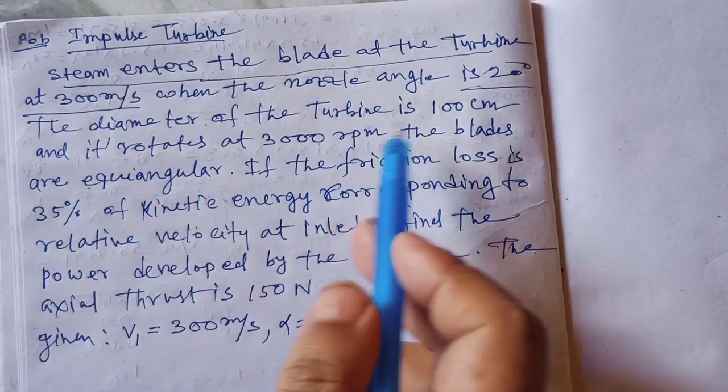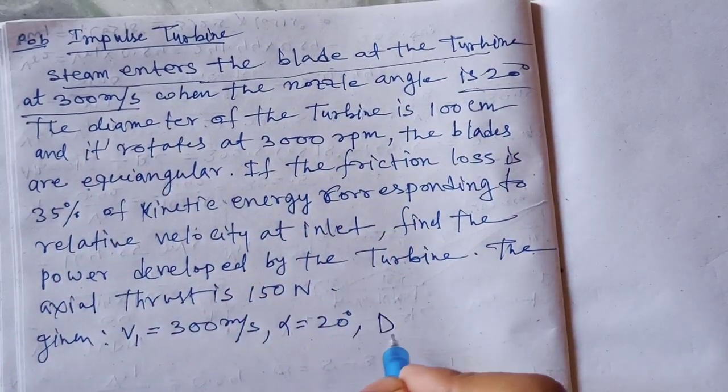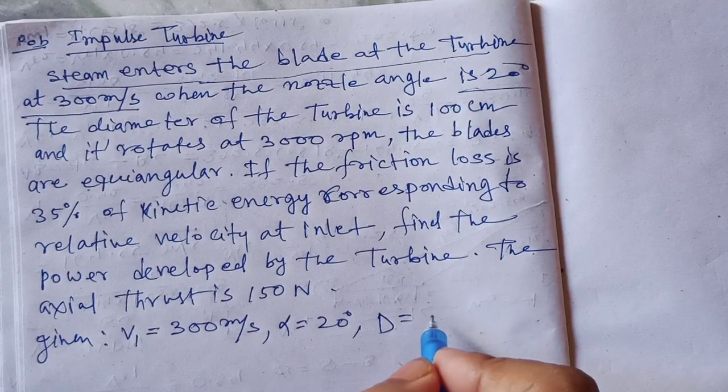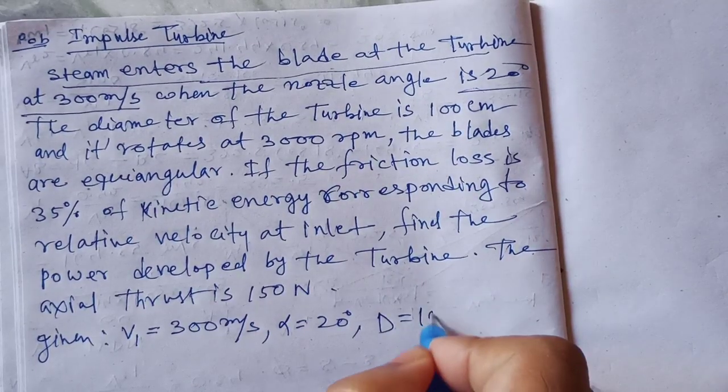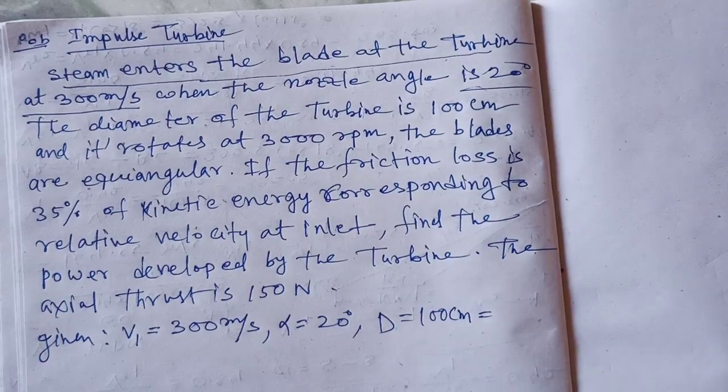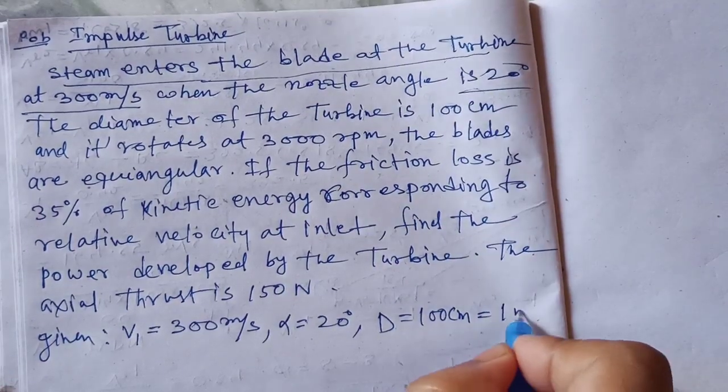The diameter of the turbine is given 100 centimeter, that is 1 meter.